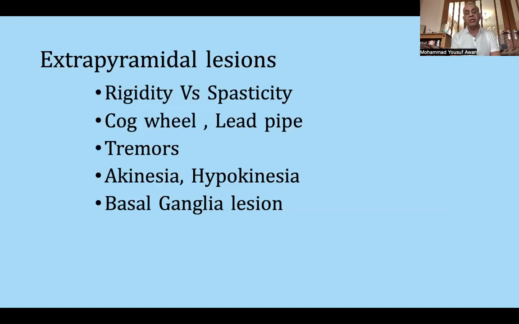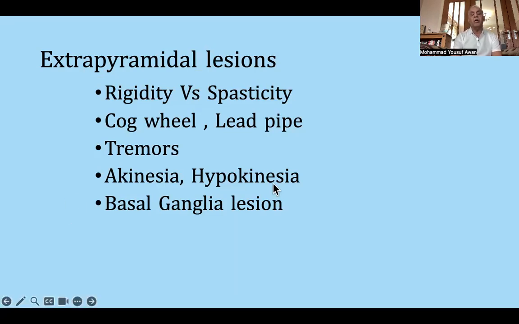So, rigidity versus spasticity: tone is increased in all groups of muscles in extrapyramidal lesion, but in spasticity, or upper motor neuron lesion, the tone is increased in the flexors in the upper limb and extensors in the lower limb. The two types of rigidity are cogwheel, with jerky movements while checking the tone, and lead pipe, where the tone is increased in all ranges of movement. The tremor may be visible or subclinical.